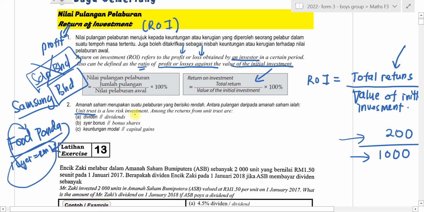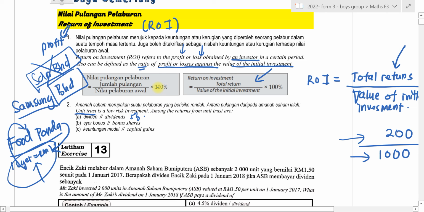For 1 million, let's say they pay you 5% dividend, so you take 5% times the 1 million, so you will get 50,000 ringgit as your dividend per year. It depends on the company policy lah. If 1 million means a very big amount, maybe they will ask you to wait another 7 years. Then you can harvest what you put in.